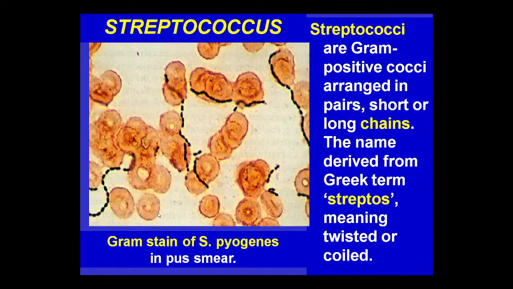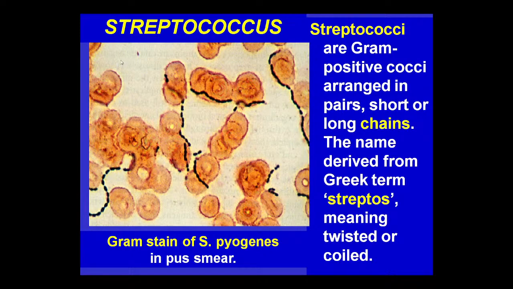Now, let's take a look at streptococci. They are also gram-positive cocci from the same group, but they look different under the microscope. When we examine the smear of the pus, you can still see some elements of the pus, and among them we can see streptococci arranged in pairs, short or long chains.